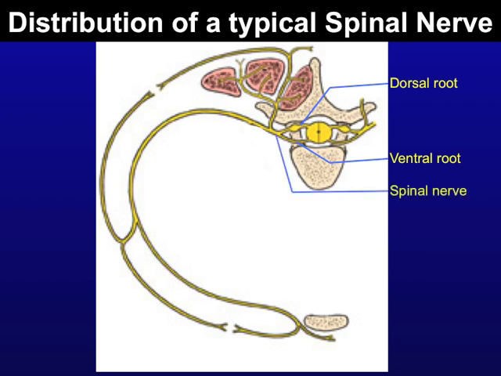The dorsal and ventral roots combine as a short spinal nerve and exit via an intervertebral foramen. The spinal nerve splits almost immediately into a dorsal ramus and a ventral ramus. These rami, plural for ramus, carry both motor and sensory fibers.